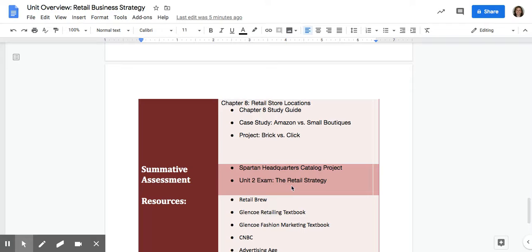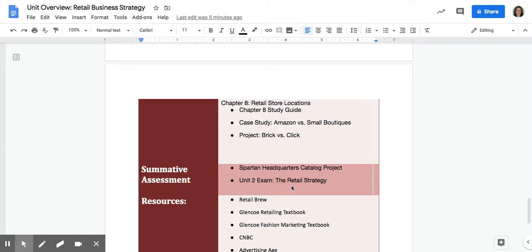The other part of my summative assessment is that because this is my retail class, it directly corresponds with my school-based enterprise. We have a retail school-based enterprise, and the students have to create a catalog for our school store. So they actually have to work together. We spend a day, and the students take pictures of everything that's in the school store. Then I upload them to Google Drive so they're easy to grab.